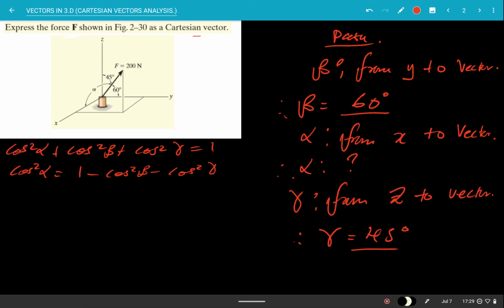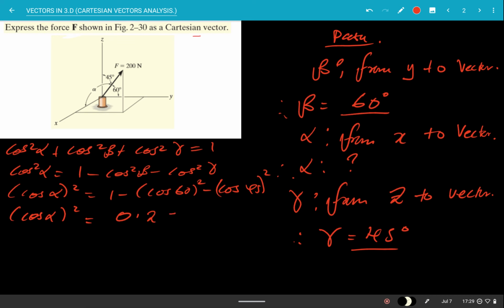So this means that cos alpha squared is equal to 1 minus cos beta, of which beta is 60, squared, minus cos gamma, which is 45, squared. If you compute this, 1 minus everything on the other side, you end up having 0.25.